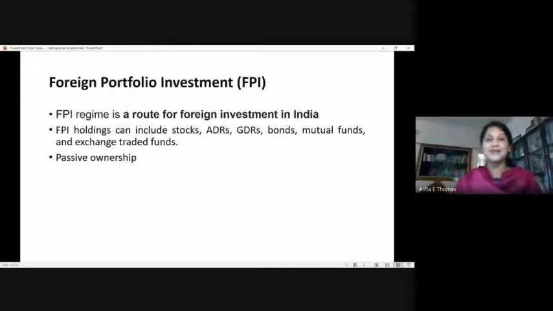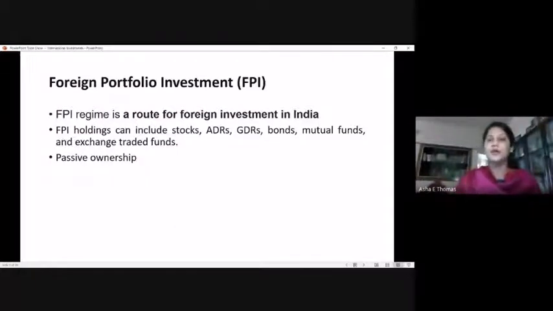Why? The investors are not directly involved in the ownership and management of a particular company or firm. In fact, they are indirectly investing in the shares or mutual funds or bonds floated by these companies. If they invest in a mutual fund, it is a diversified portfolio where they make the investment.